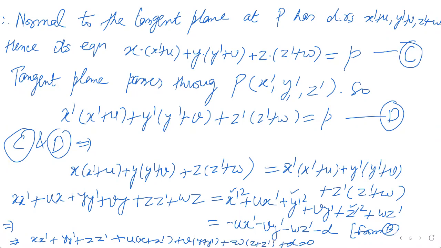So in this way you can find the equation of a tangent plane. So it is a general equation. One more problem is there. Problem number 2. Find a condition.